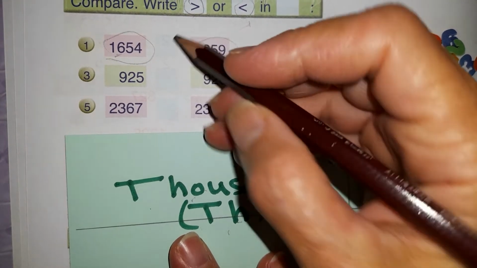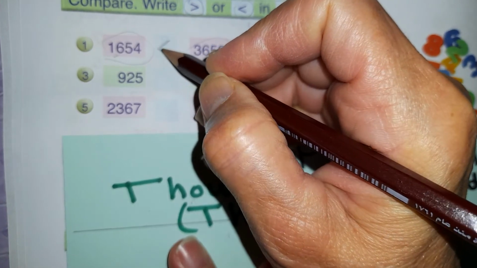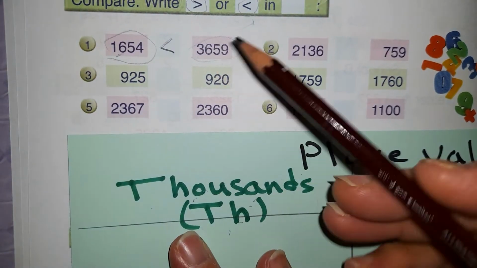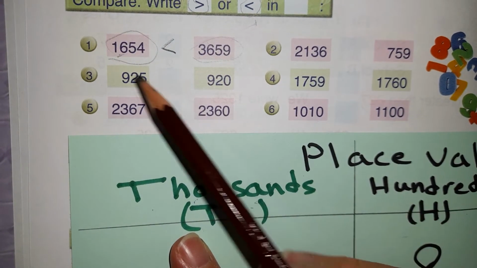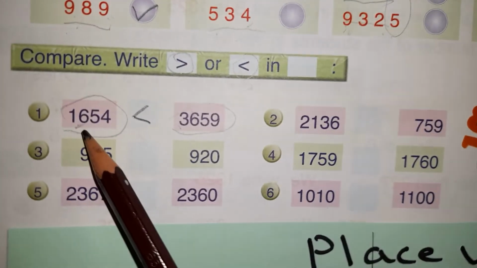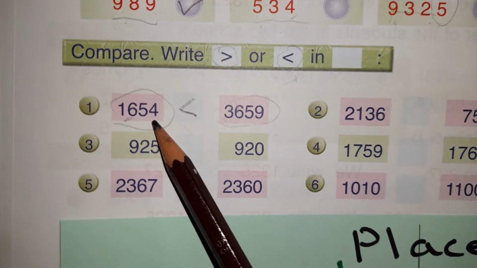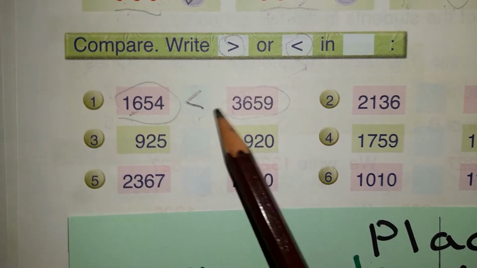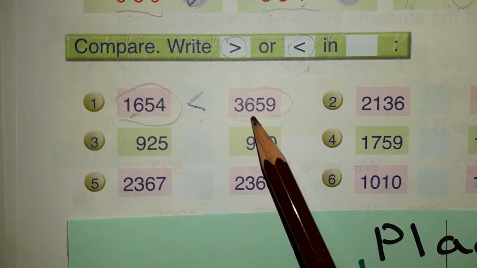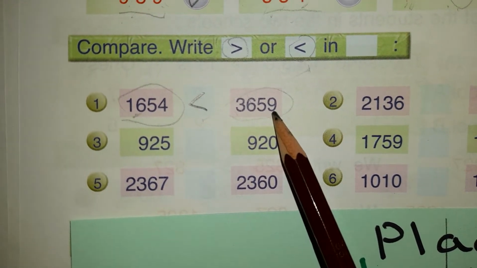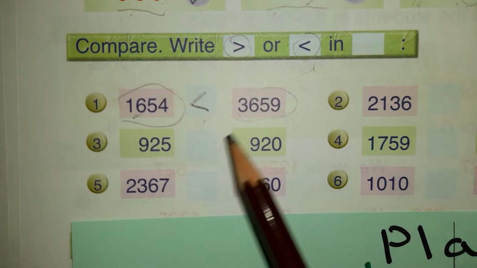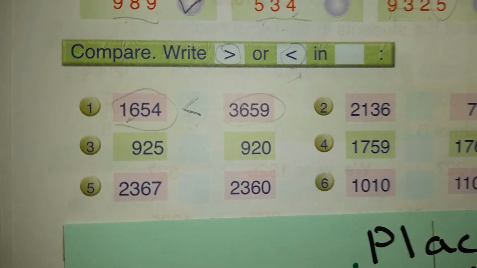Less than. So I will give the small mouth to this number. If I ask you to read the sentence, you will say 1,654 is less than 3,659. Let's do another one and you are going to complete the rest as homework.